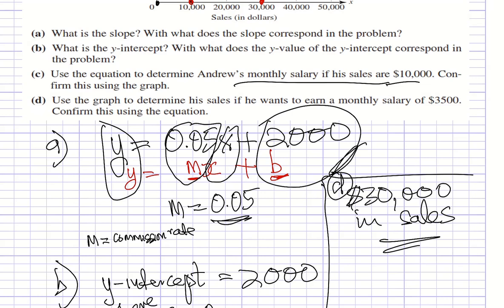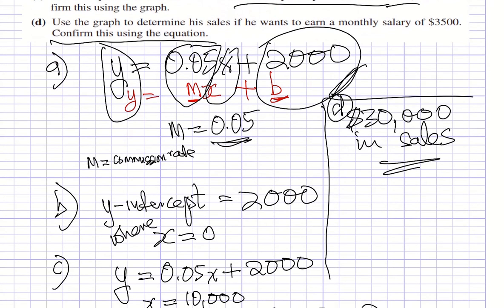You can also solve that using the equation. But they say use the graph to determine, so we use the graph. Oh, and they say confirm this using the equation. Okay, fine. Then we do y equals 0.05x plus 2,000.